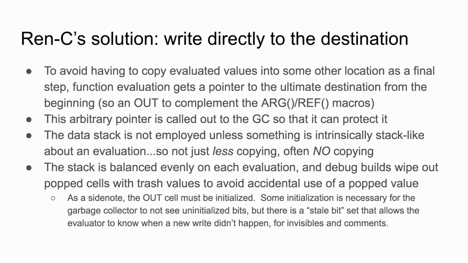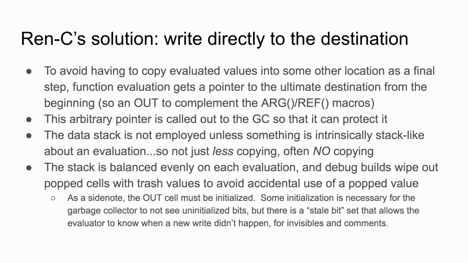And we don't really use the data stack unless we're doing something stack-like. So you can start at the top of an evaluation, pass in that pointer, and then the next guy can say, oh, I want to write there too, and so on. Instead of less copying, you often get no copying. That means the stack is balanced evenly on every evaluation. The debug builds are good at wiping out popped cells with trash, so we have a lot more control.